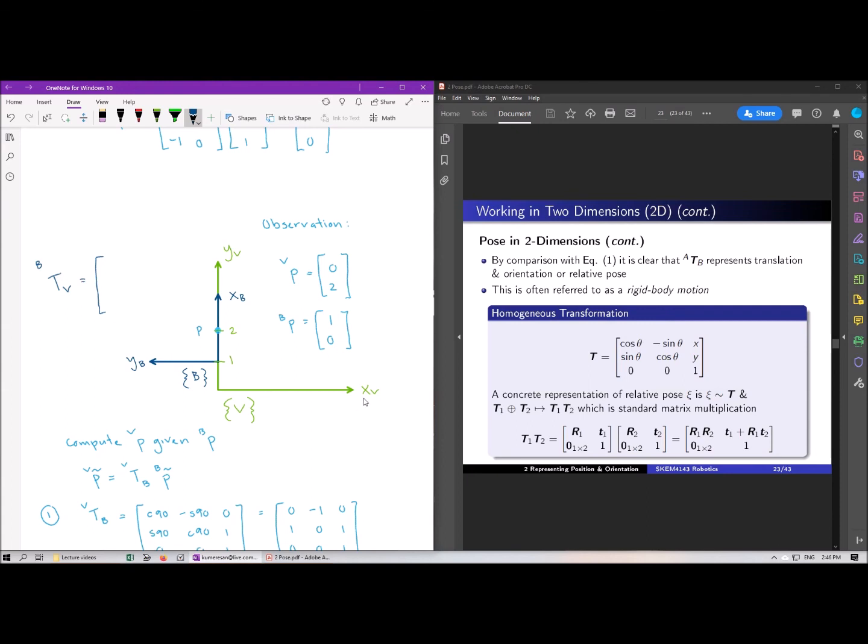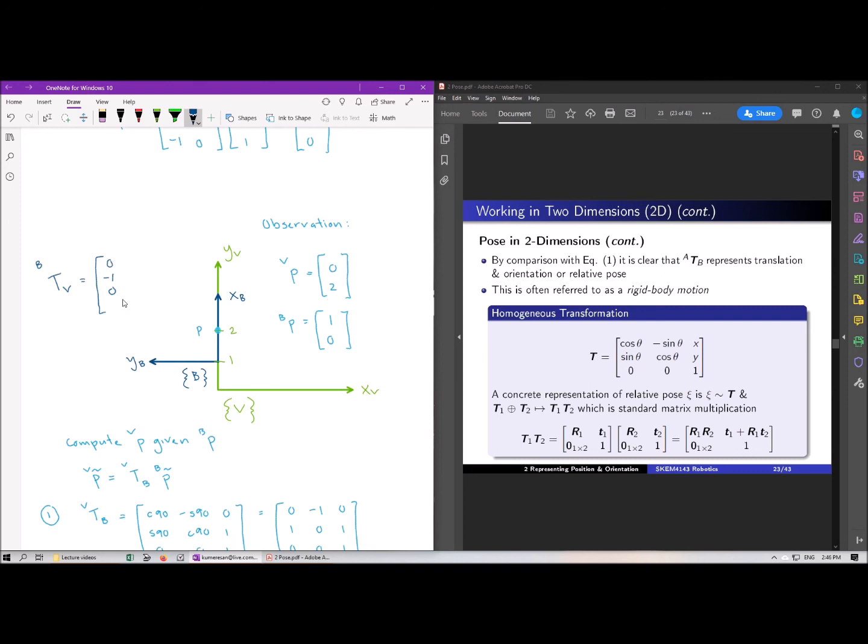What is the unit vector of xv with respect to coordinate frame B? If you notice, it is 0, minus 1, 0, because it is pointing in the negative direction of y.